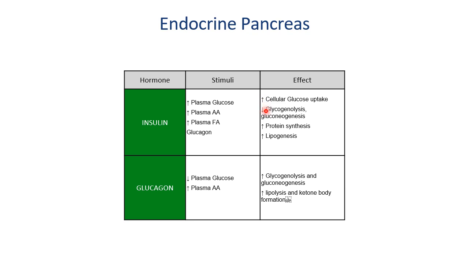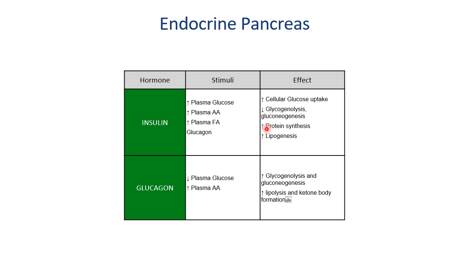Insulin decreases glycogenolysis. Glycogenolysis is the breakdown of glycogen into individual glucose units. So when there is insulin release, that is in response to carbohydrate intake, it will also reciprocally inhibit the breakdown of glycogen because insulin stimulates the synthesis of glycogen.